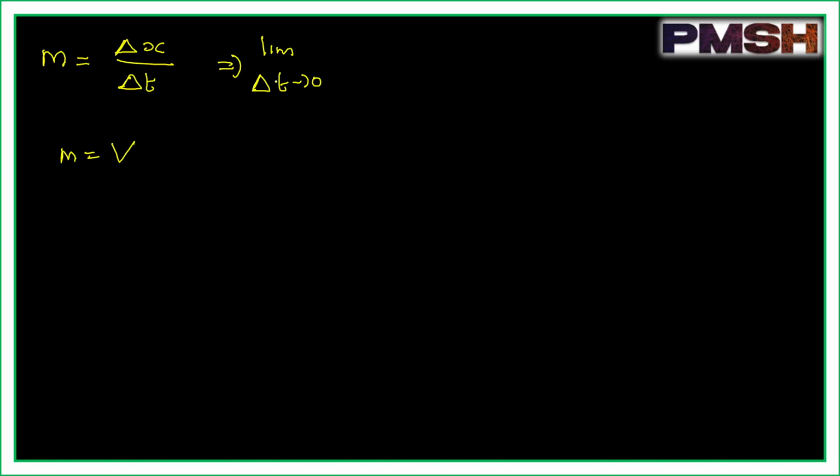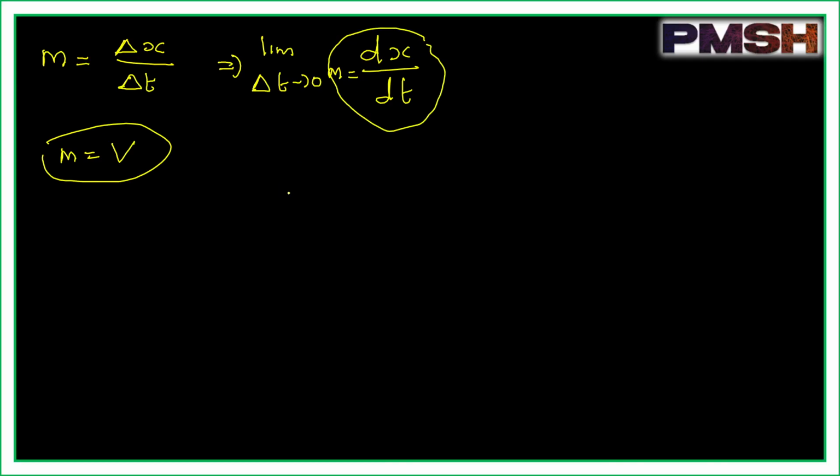So limit delta t tends to 0, then we have dx by dt. The slope becomes dx by dt. So we can say this velocity v is equal to dx by dt. Clear?